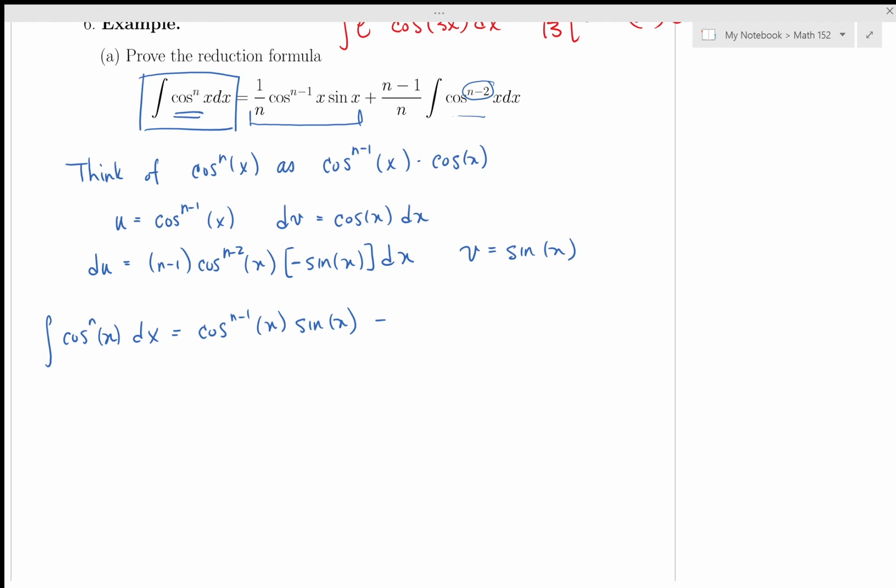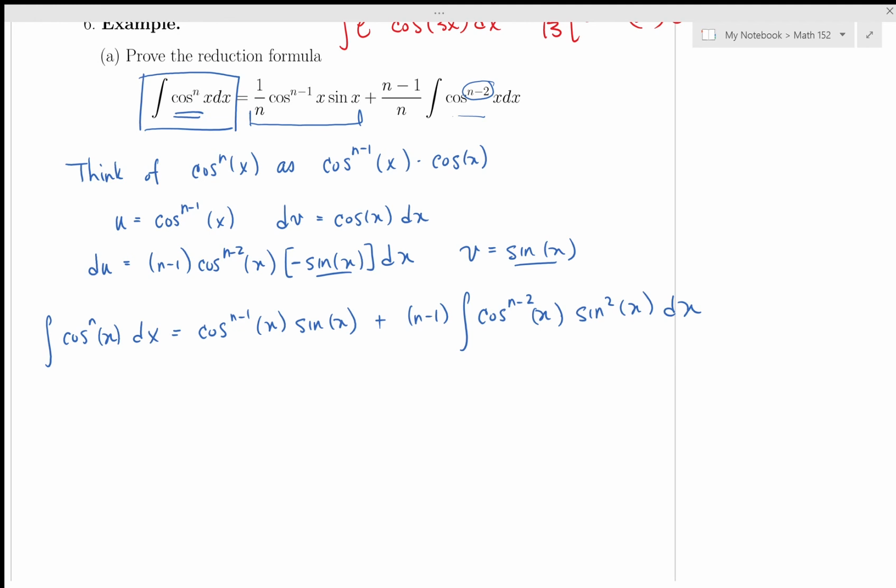There's a minus sign, so that'll be a plus, and that is going to be n-1 times cos^(n-2) x. I'm multiplying v times du, and I've got a sine there and a sine there, so that's going to be sin^2 x dx.